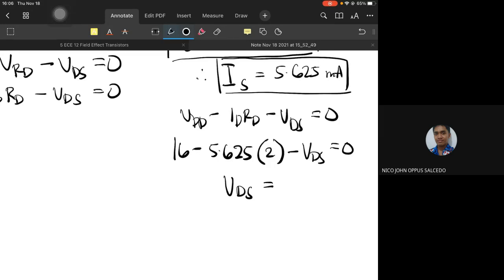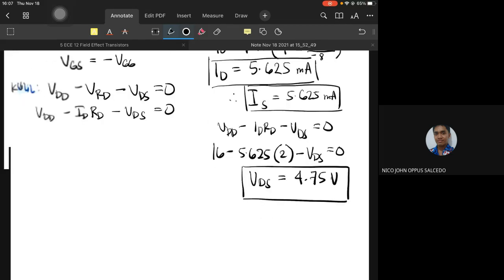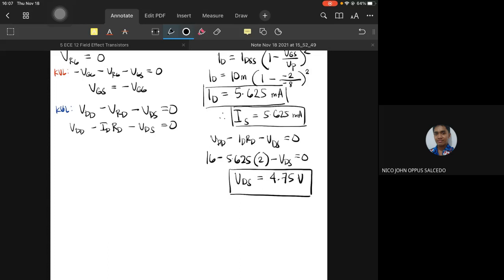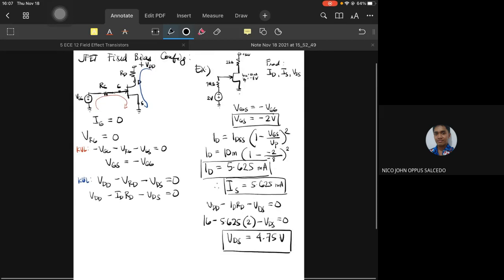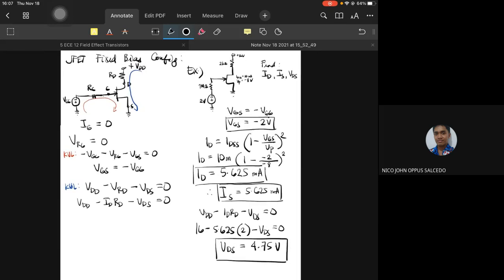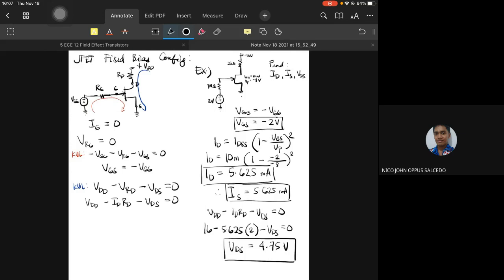The answer is 4.75 volts. So I think this is the final answer already. That is the fixed bias, which is more straightforward than the fixed bias of the BJT.